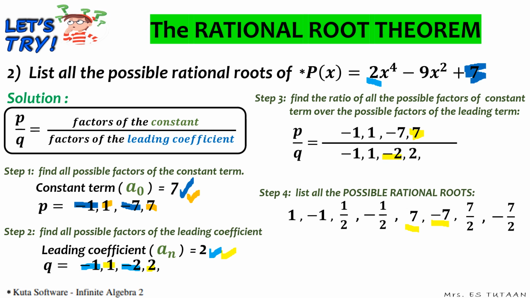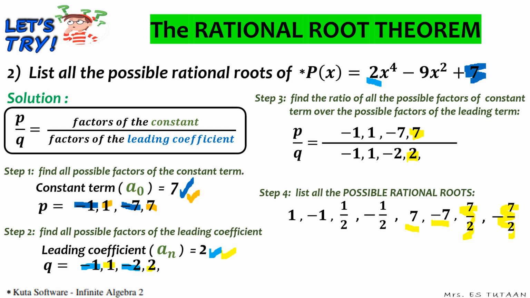That is negative 7 over 2. Meron na rin. And then, positive 7 divided by positive 2. And that will give us 7 over 2. Okay na. Natapos na natin ang mga pares ng factors.